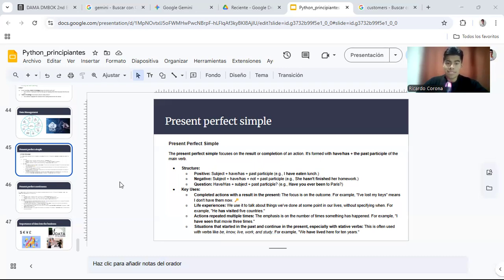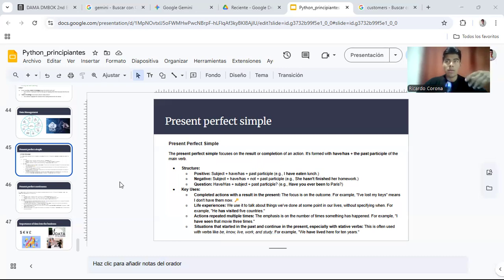We can use this tense as a positive, negative, or question, and these are the three structures.